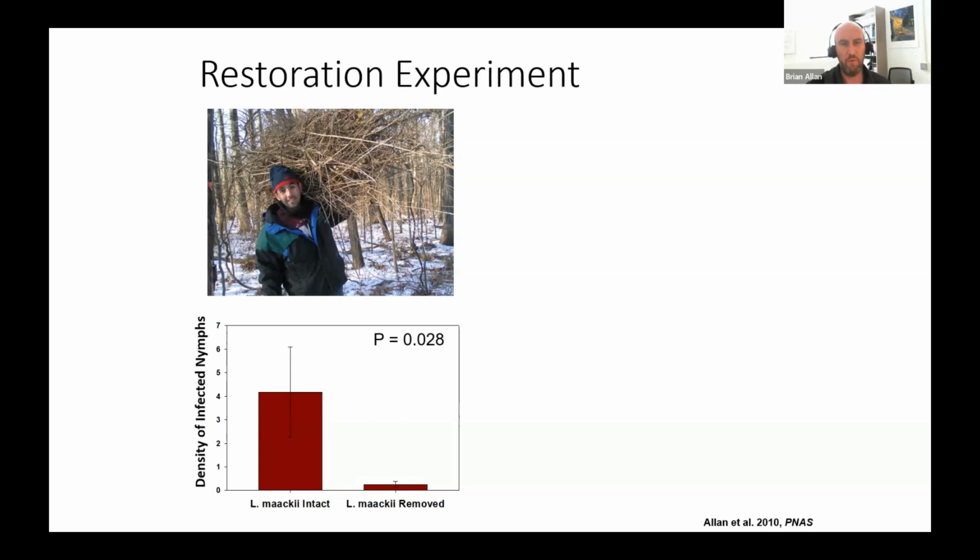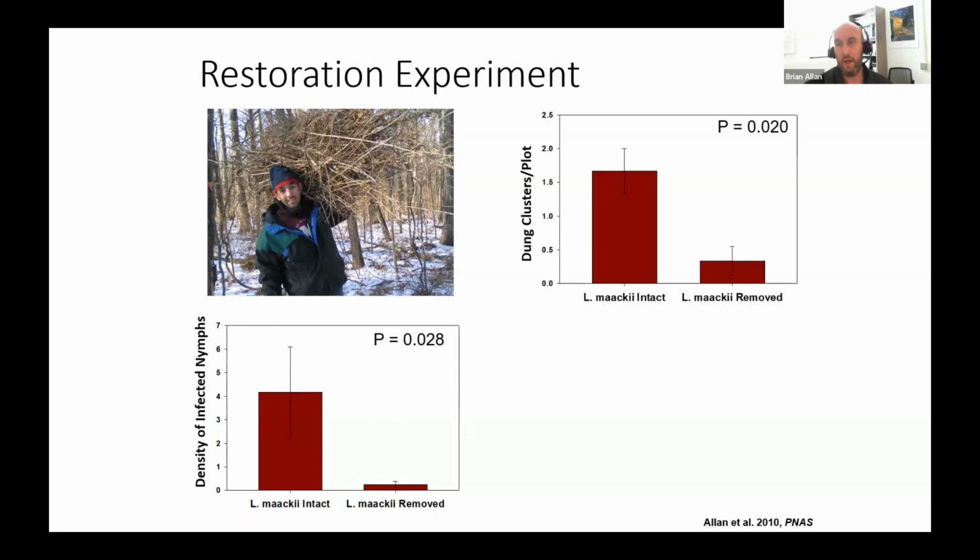And so we think removing honeysuckle essentially puts disease risk back to where it was before honeysuckle invaded, which was a really exciting finding. Again, we think there's evidence that the main driver of this is how deer are responding to honeysuckle invasions. In the plots where we removed honeysuckle, there were many fewer dung clusters per plot from deer than where honeysuckle was left intact.